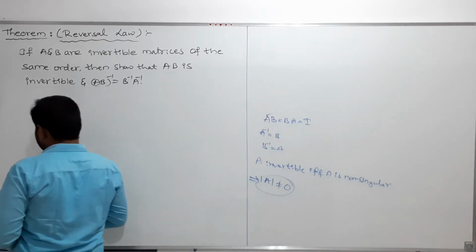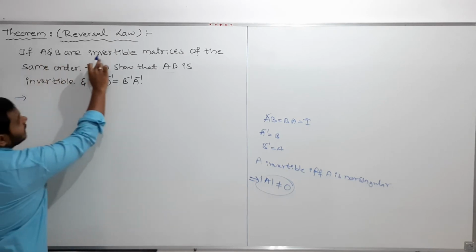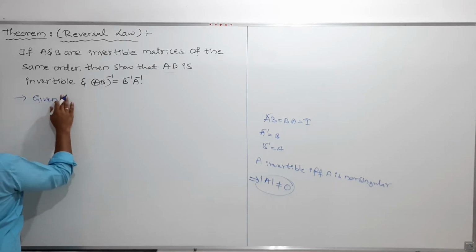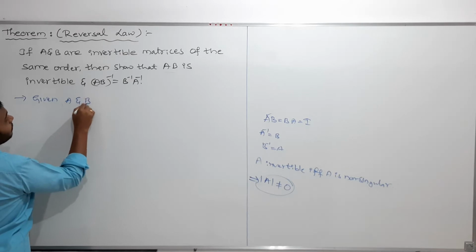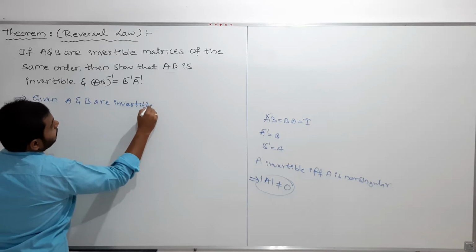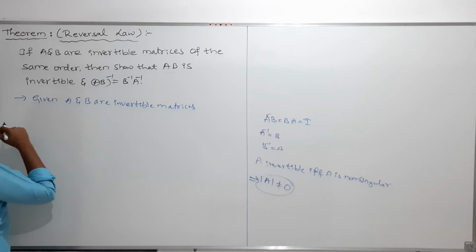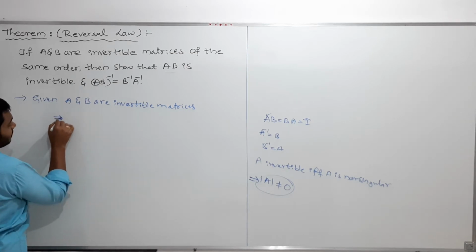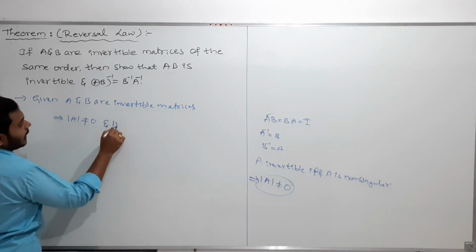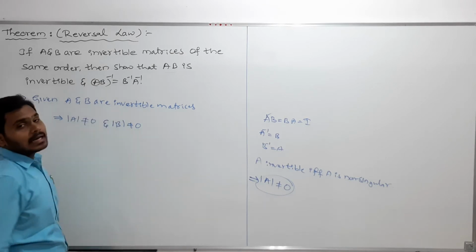So now my dear students, what is the theorem here? This I should prove. If A and B are invertible matrices, that is what is given. So invertible means we should conclude that determinant of A is not equal to 0 and determinant of B is not equal to 0, because A and B are invertible.